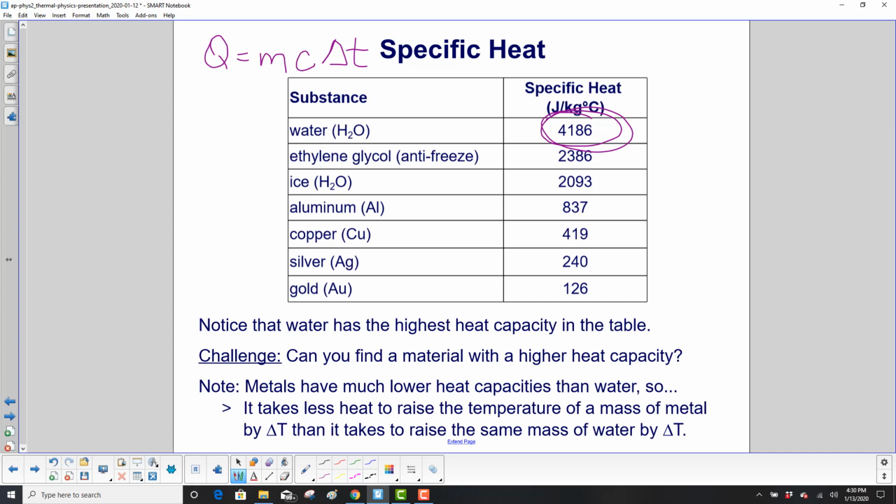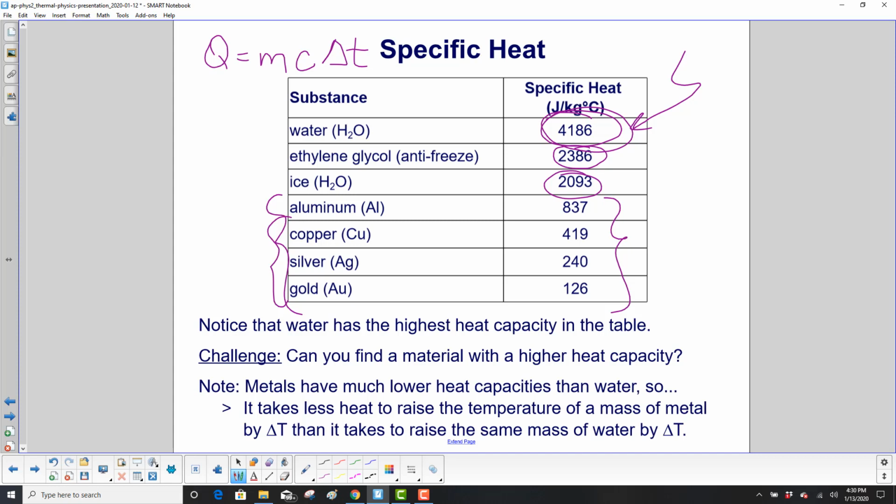Look what's lowest, metals. Okay, ice is pretty close, but it's still half of what water is. Antifreeze is a little higher than ice, and the metals are very much smaller. Please try and find a material with a higher specific heat than water. You might not be able to, or you might. Check it out. Note, metals have much lower specific heats.